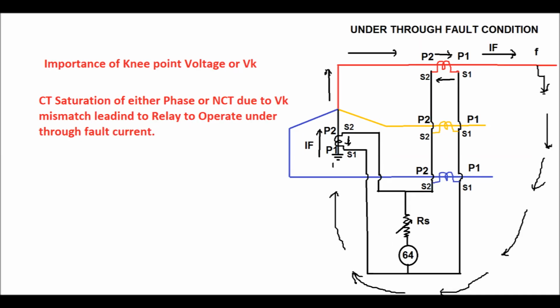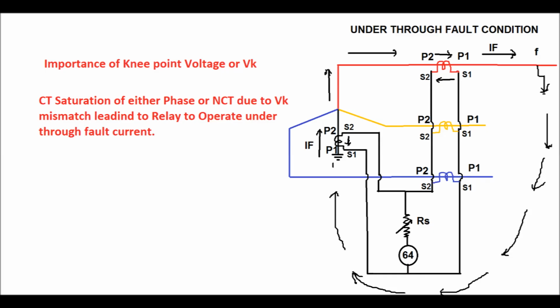Now consider that the knee point voltage of any of the phase CTs or the neutral CT is not equal. Now consider an earth fault occurs in the red phase to neutral, outside the restricted zone. Due to this fault, as the knee point voltage of the NCT is not the same as that of the phase CT, the NCT will saturate first.